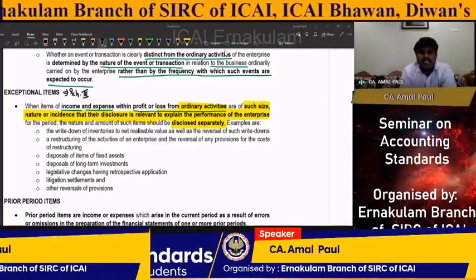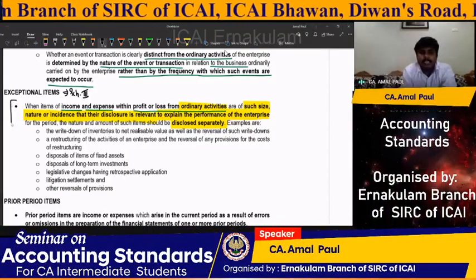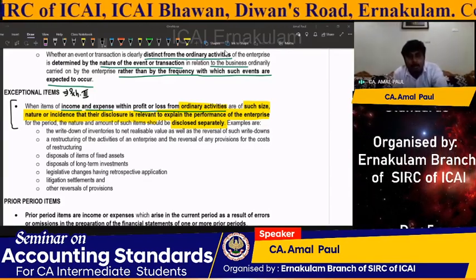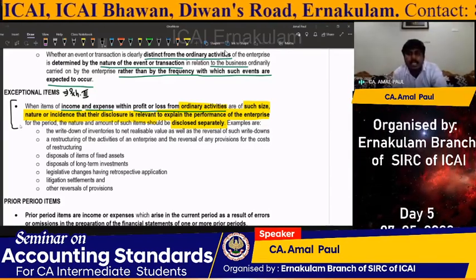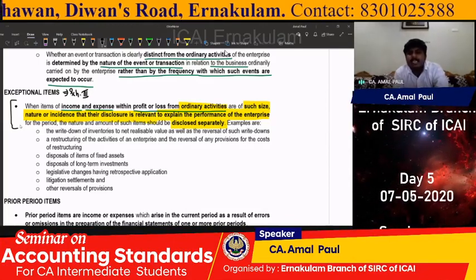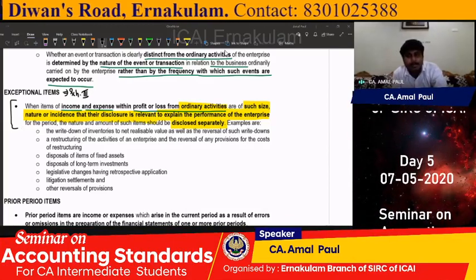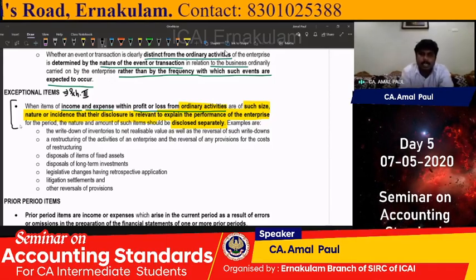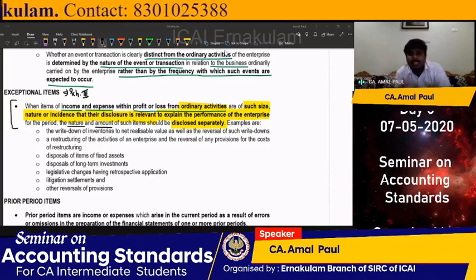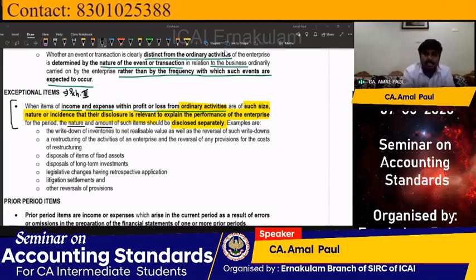The standard only states this: when items of income and expense within profit from ordinary activities are of such size, nature, or incidence that their disclosure is relevant to explain performance of the enterprise for the period, nature and amount of such items should be disclosed separately. This is the guideline in the standard.